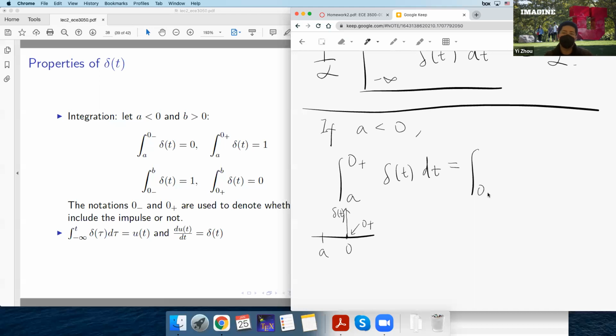So this is actually equal to the integration that starts from 0 negative. And then 0 negative to 0 positive, it contains the original point. So this gives you 1.